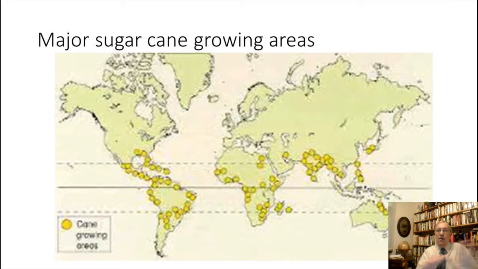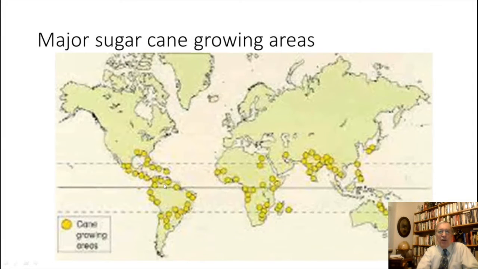Remember, the Caribbean was a big sugarcane area. In fact, one of the reasons that Europeans colonized, brought slaves from Africa, so on. In these Caribbean islands, many of them, Cuba being the best example, are still big sugarcane producing areas.